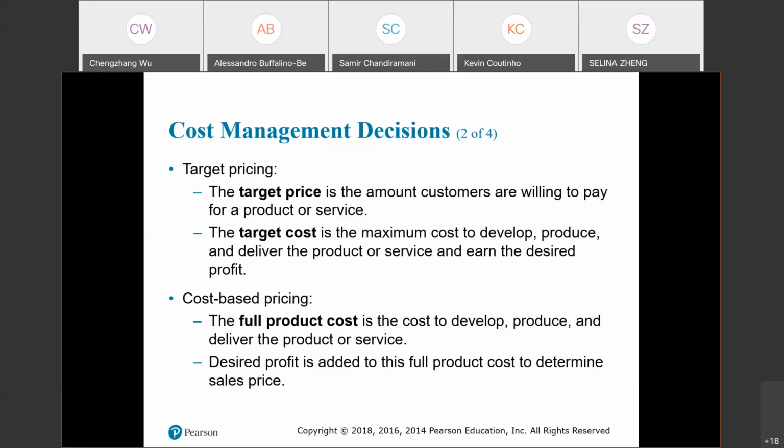Cost-based pricing starts with full product cost, which is the cost to develop, produce, and deliver the product or services.